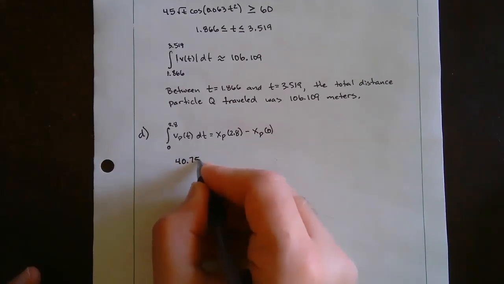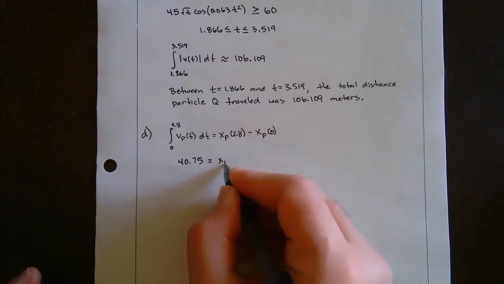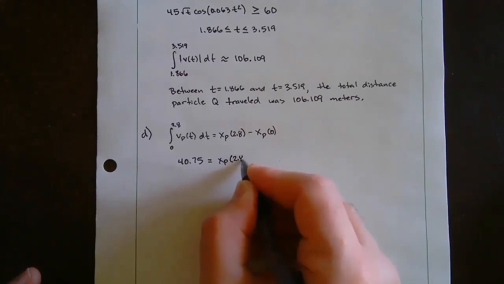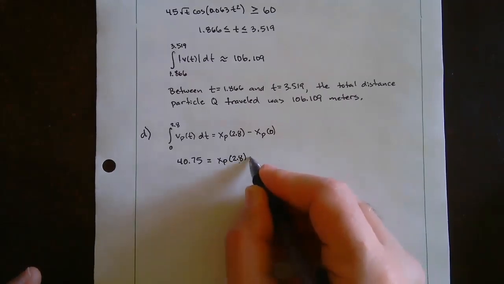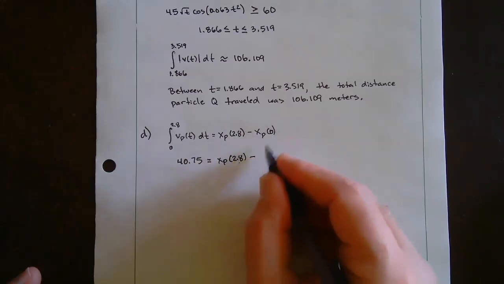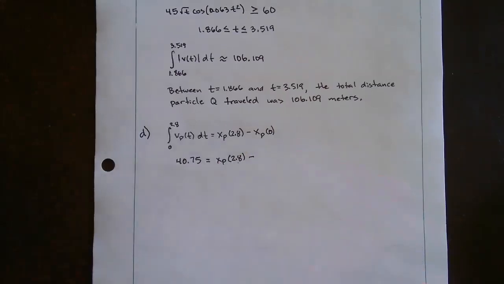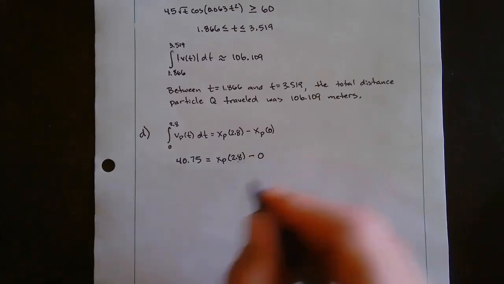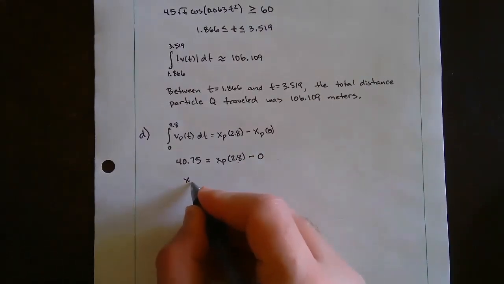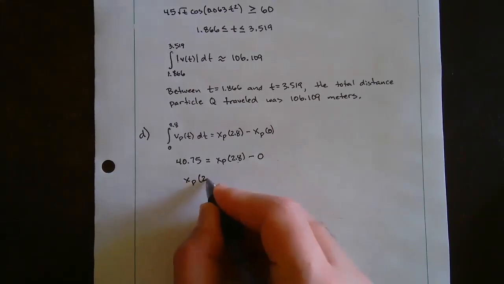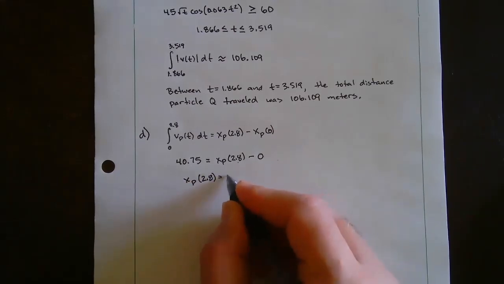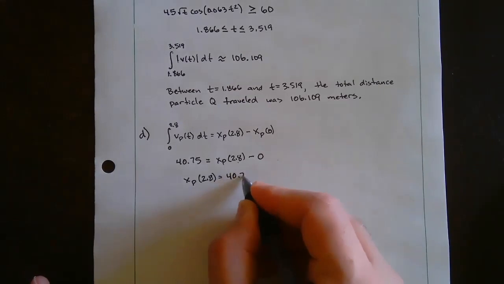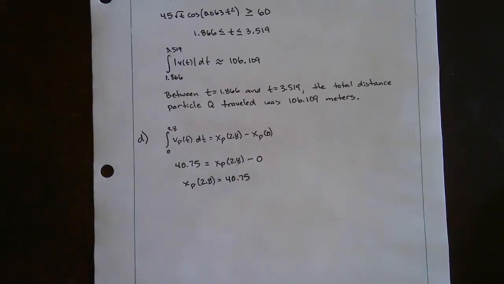So 40.75 is equal to x sub P of 2.8, minus 0, because particle P is at the origin at time t equals 0. So at time t equals 0, position is 0. So the position of particle P at 2.8 is 40.75.